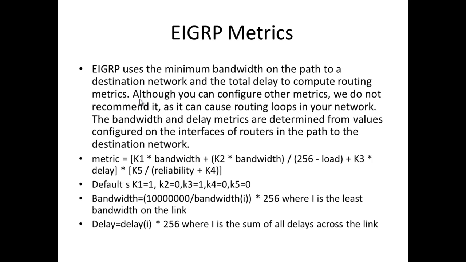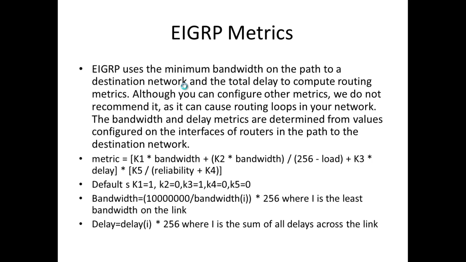We can configure the routing metrics using the command eigrp metric. As we said before, you can use multiple other values other than the bandwidth and delay, and it can be configured using the command default-metric, which we will come to later in this chapter.